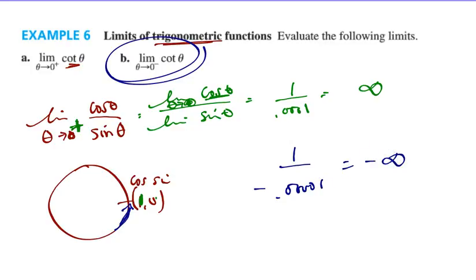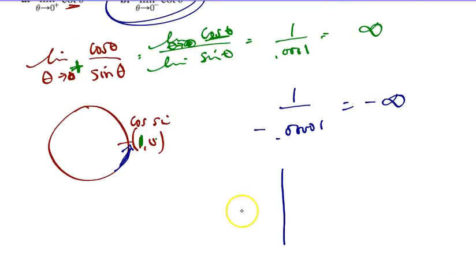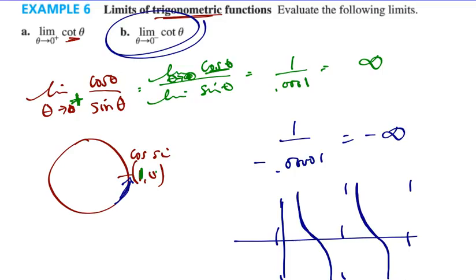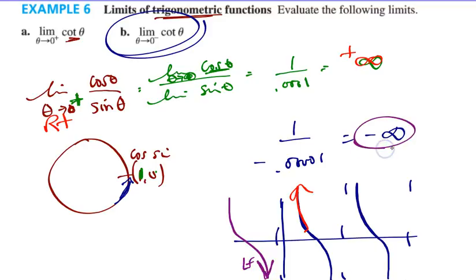Of course, some of us remember that the cotangent graph has asymptotes, 1, 2, 3. And the cotangent graph is positive in the first, negative in the second, positive in the third, negative in the fourth. So you can see from the right, it's positive infinity. And from the left, it's going to negative infinity.